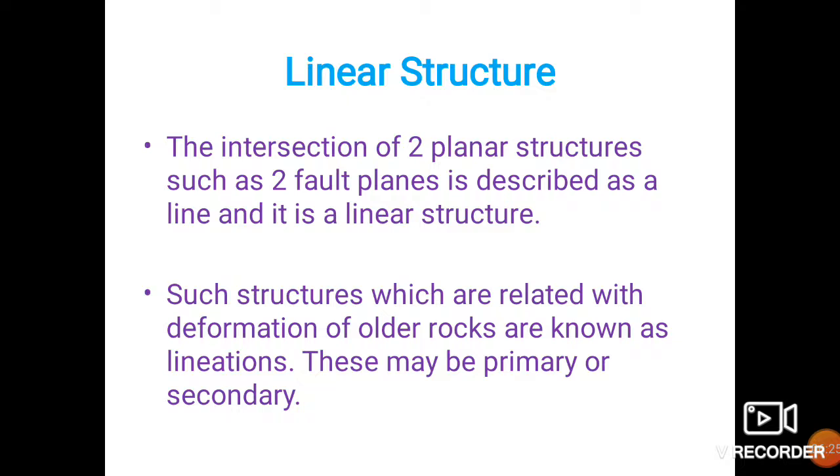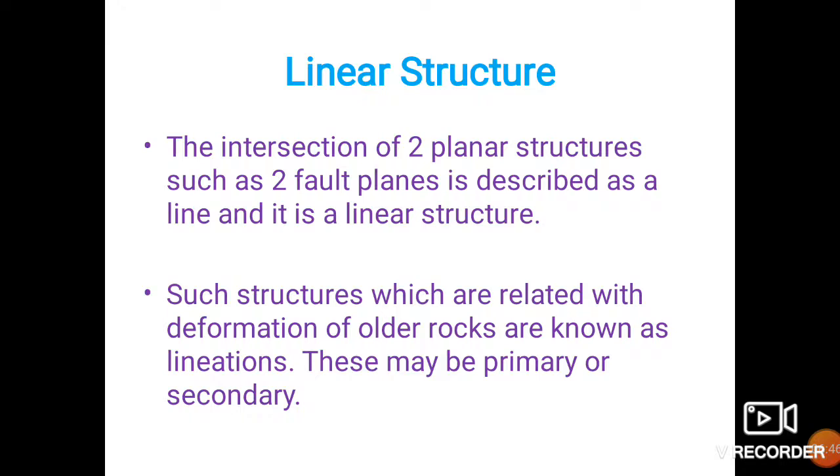Such structures which are related with deformation of older rocks are known as lineations. These may be primary or secondary. As we have seen earlier, these structures formed as a result of deformation of the original rock, and they are known as lineations. These may be primary or secondary.